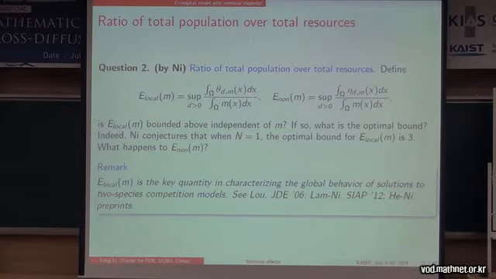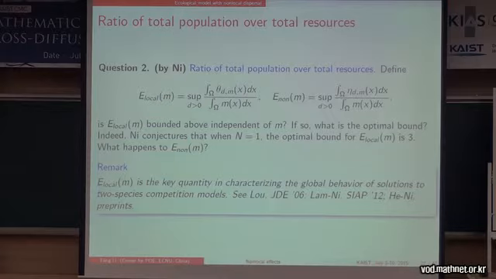So the question is, is this number bounded above independent of m? For any given m, based on results so far, we know it's well defined. It must be a finite number. But is it bounded above independent of m? If it is, what's the optimal bound?